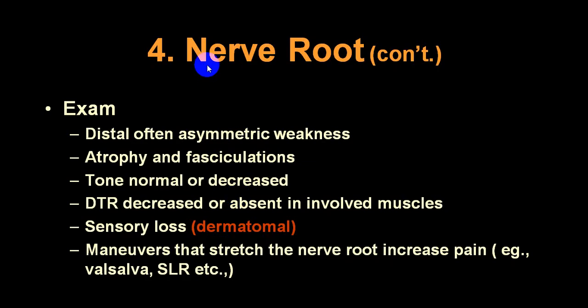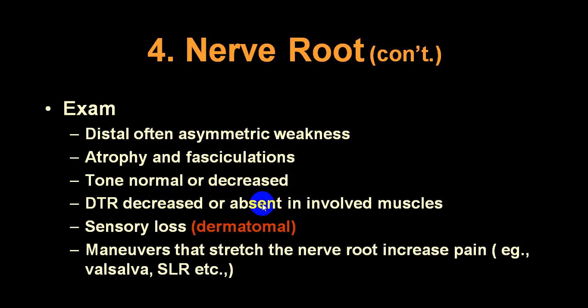So in nerve root involvement, distribution is often asymmetrical, and because of motor involvement, atrophy and fasciculations are very common. Tone invariably is decreased. We get hypotonia because it is a lower motor neuron type of damage. Deep tendon reflexes will be reduced or may be absent.